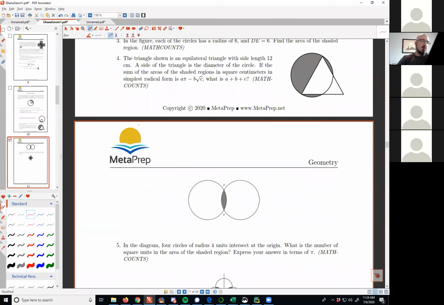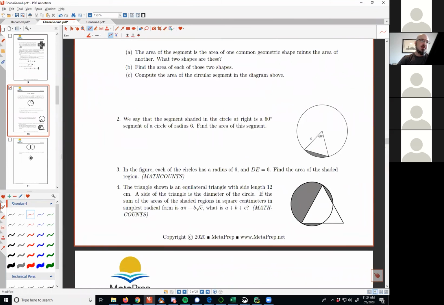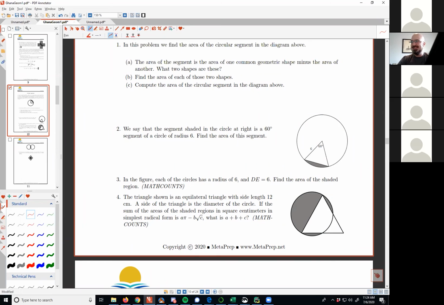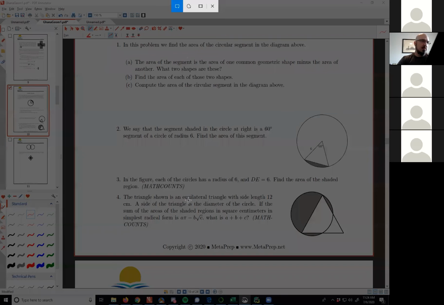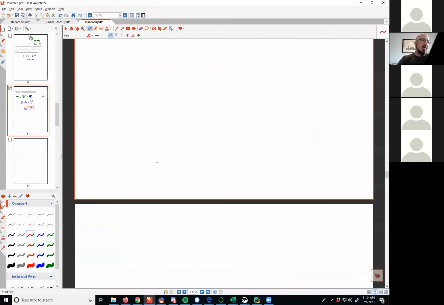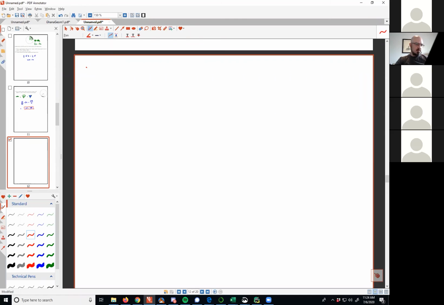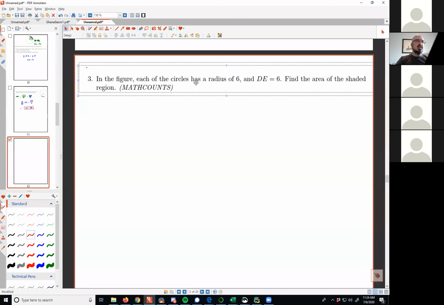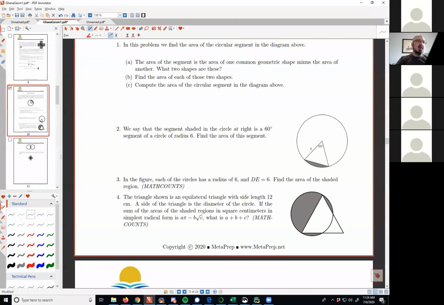Uh-oh. Problems 3 and 4 got kind of smushed together, so we'll break this up here. I didn't realize that I was resizing one of my lessons when I put it together. I think it's because I changed the font size.